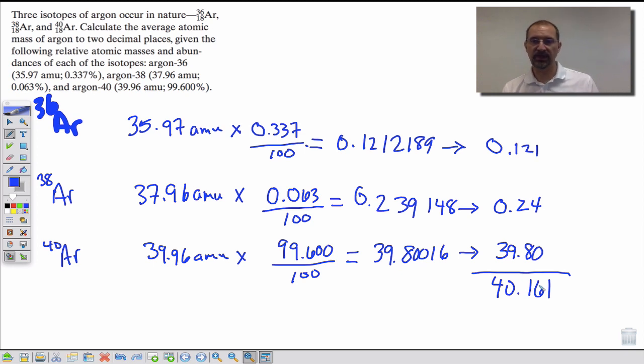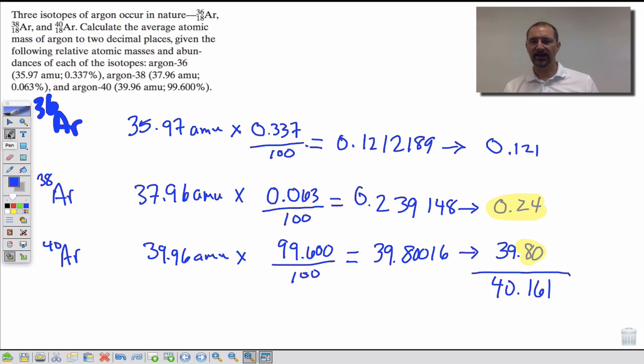That rule says you can't have more digits to the right of the decimal than the measurement with the fewest number of digits to the right of the decimal. Right here is a measurement with the fewest, which has 2, as does the bottom measurement. So our answer can't have more digits to the right of the decimal than the measurement with the fewest.